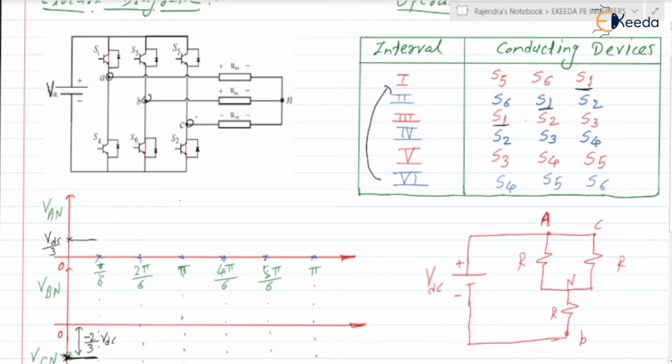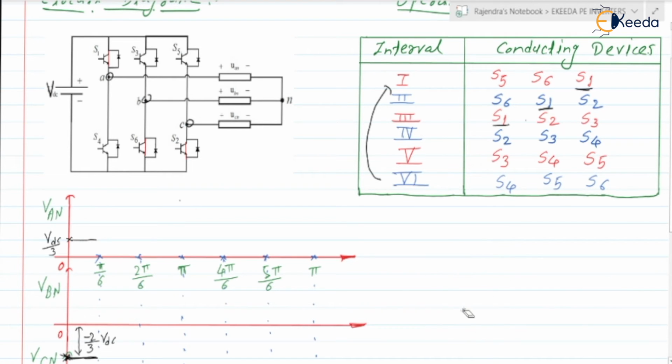So it is like phase A and B to the positive plate of the VDC, phase C to the negative plate of the VDC. So we will be having the equivalent circuit.